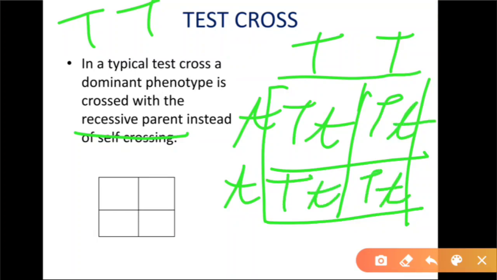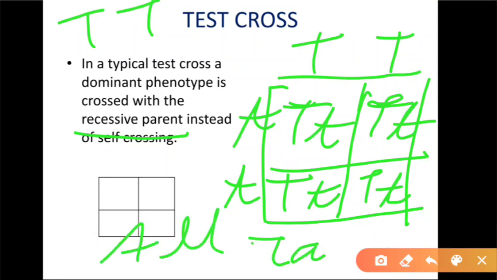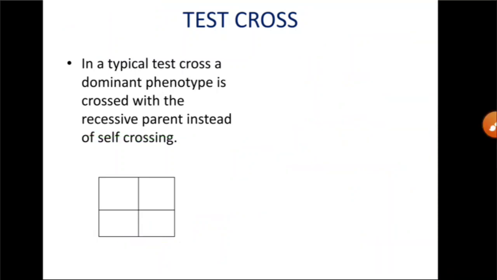All plants have at least one dominant character, tallness. That means all plants are tall. Such a result indicates that the unknown plant is a pure tall plant.